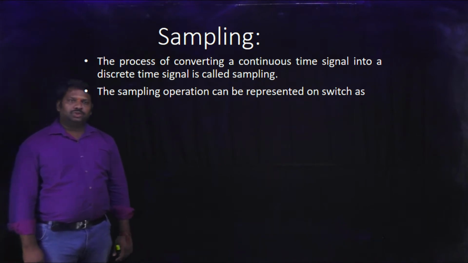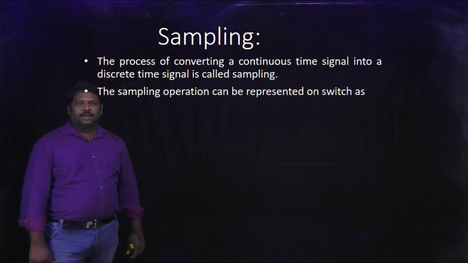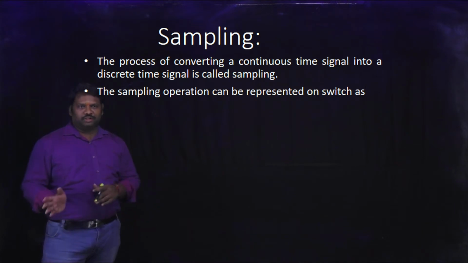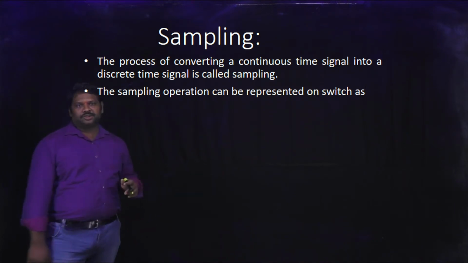The sampling process, as the name itself suggests, is the process of converting a continuous time signal into a discrete time signal.